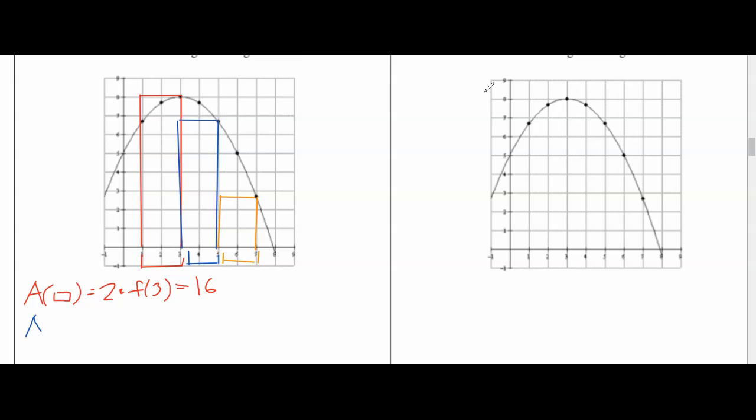For my blue, I get 2 times f of 5. And you'll notice some of these are the same values from what we had for our left Riemann sum. Here we get approximately 13.333 repeating.